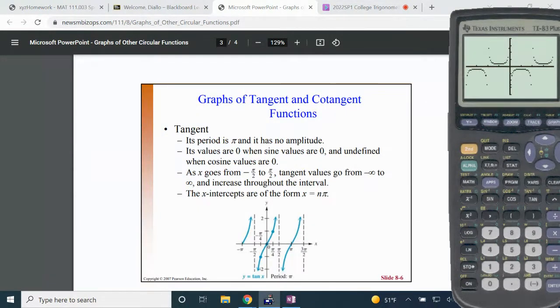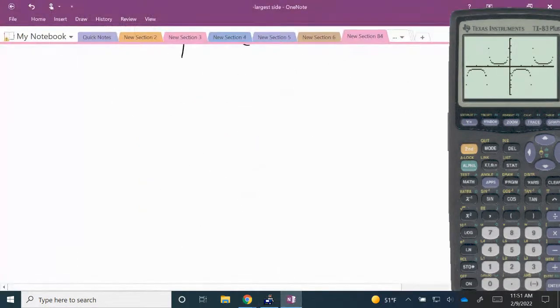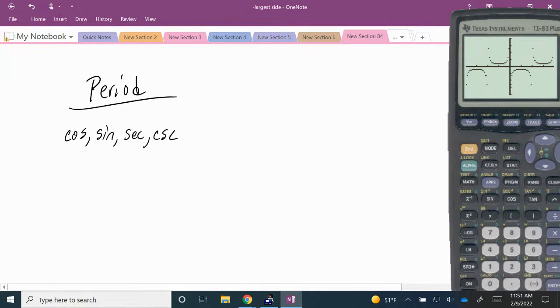Now for the tangent and the cotangent, there is a change in the formula for the period. The period is something a little bit different. So for cosine, sine, secant, and cosecant, the period formula is 2 pi divided by b.